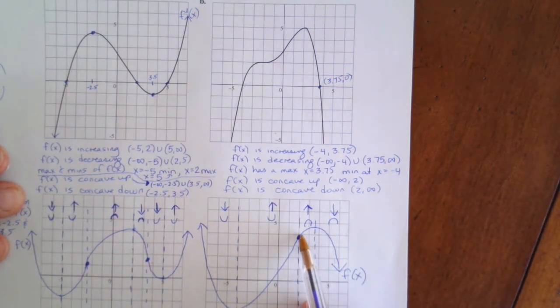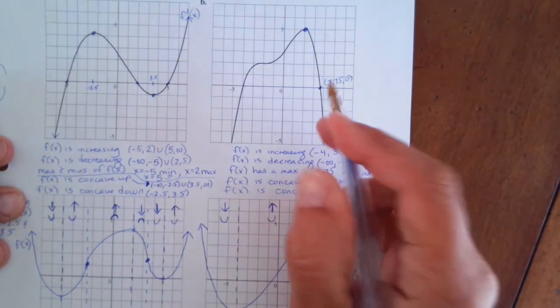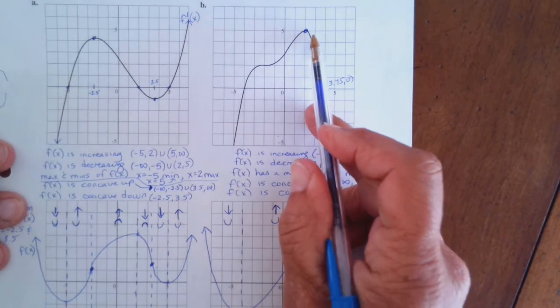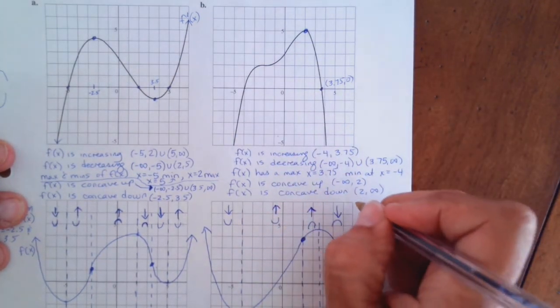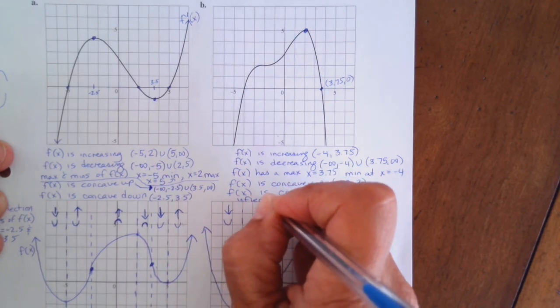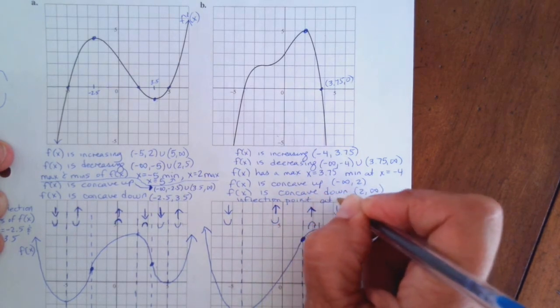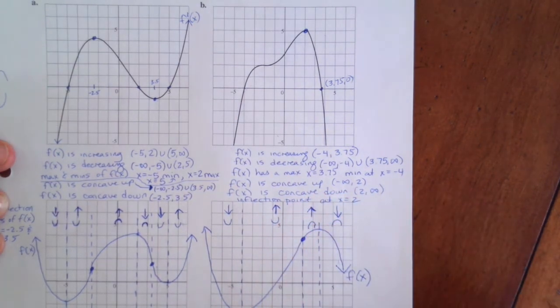And here's your inflection point. Your inflection point is the max and mins of the derivative. So they have a max of the derivative at x equals 2. So we have an inflection point at x equals 2.